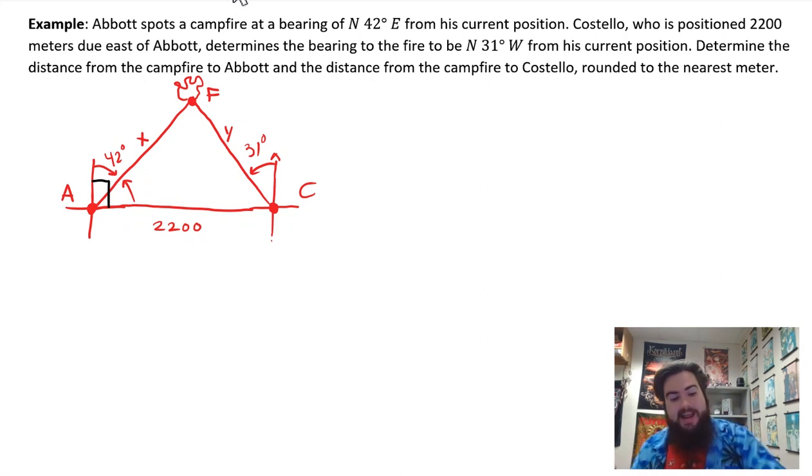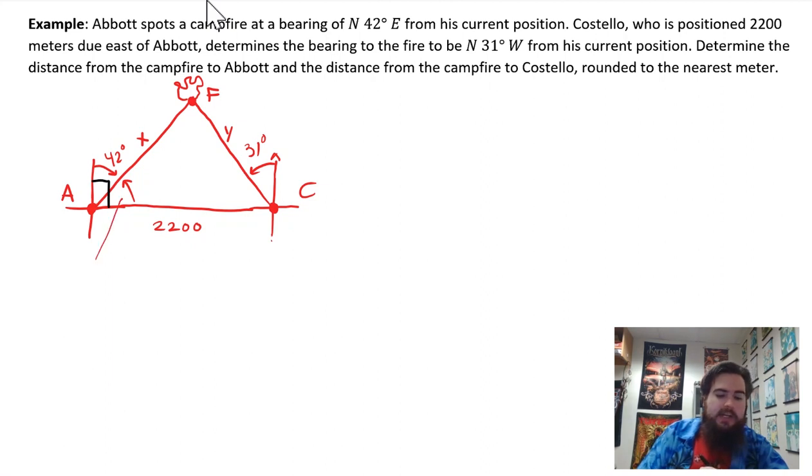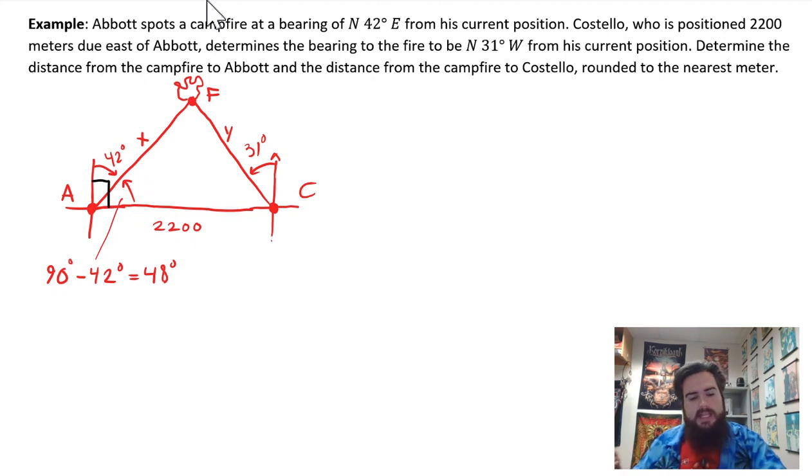So that angle measure at Abbott's current position should be the complement of the angle measure given from that bearing. So this angle measure here should be 90 degrees minus 42 degrees, which is 48 degrees. Likewise, the same is true at Costello's position. We have a right angle measure there at Costello's position.